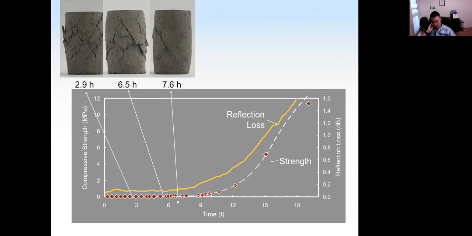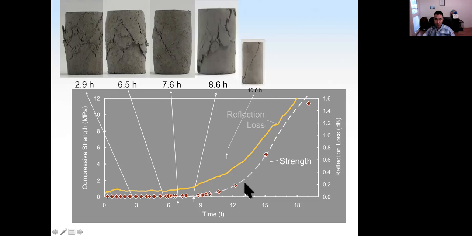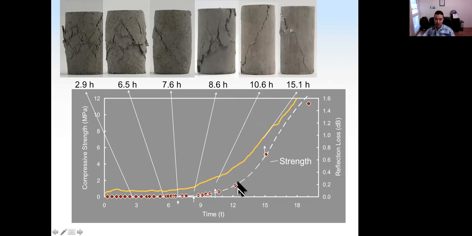This type of NDT method, we are going to discuss non-destructive testing methods in later lectures, can detect early strength change in the first few hours, even before the concrete sets. Using a compression machine, nothing can be measured before the concrete sets.